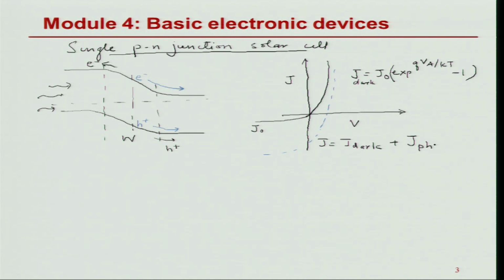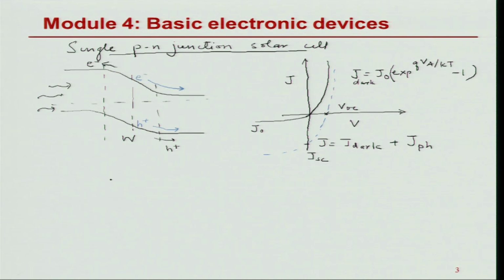Now immediately we can start defining some of the characteristics of a solar cell, which is when you have 0 voltage, that is given as the short circuit current, and when you have no current, that is given as the open circuit voltage of a solar cell. So when you are using a solar cell, these are the two parameters which define how much power you can gain from the solar cell.